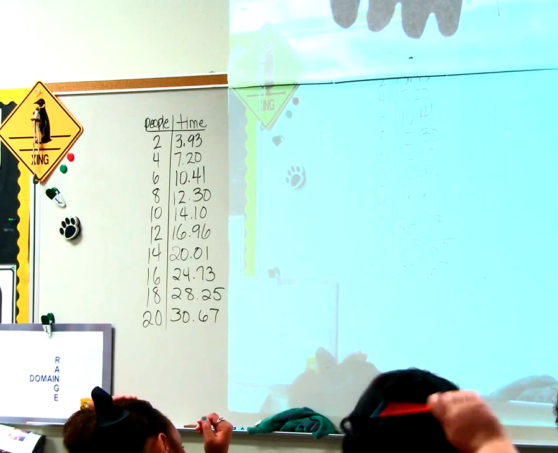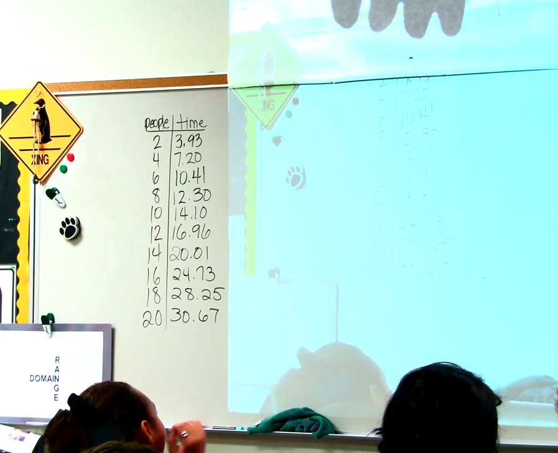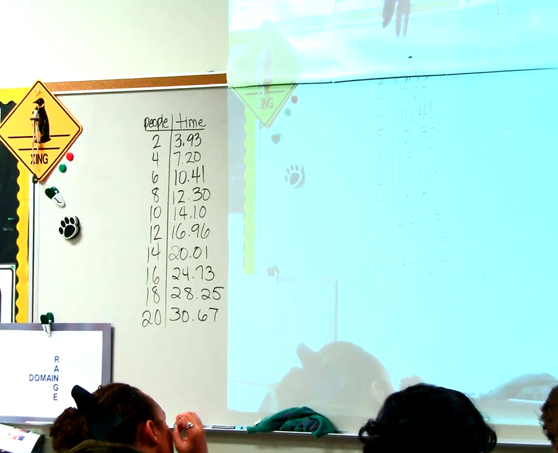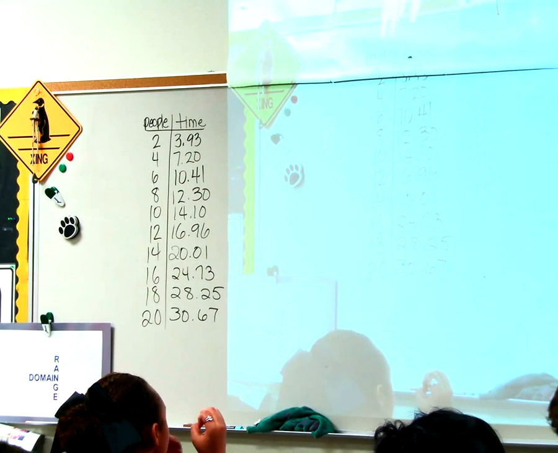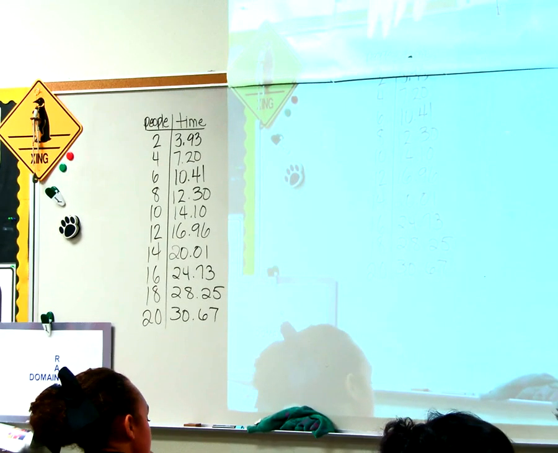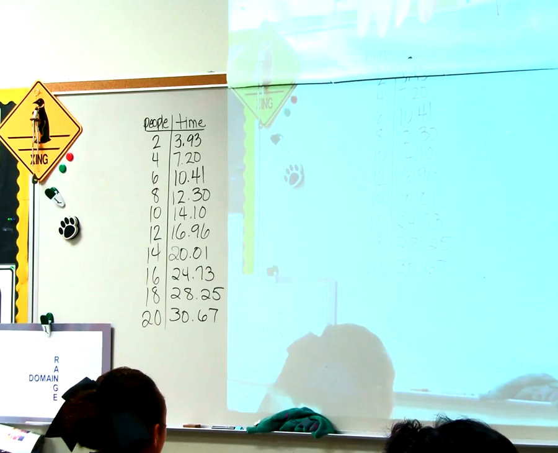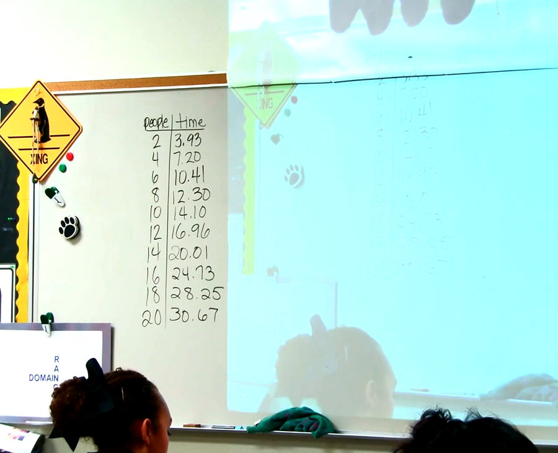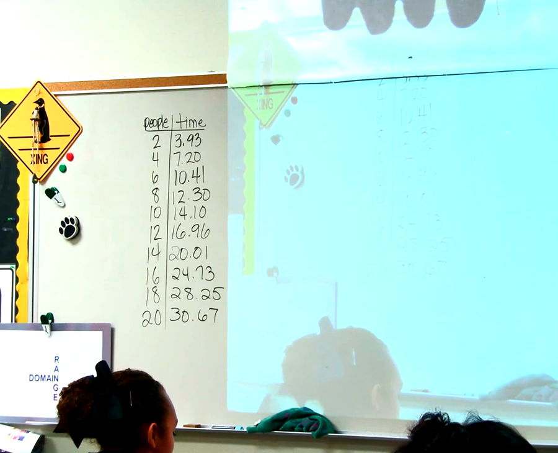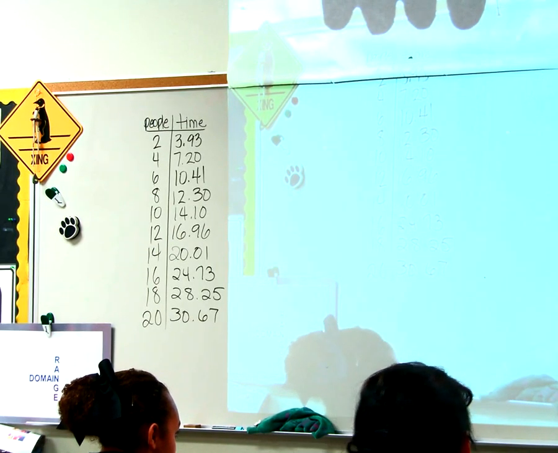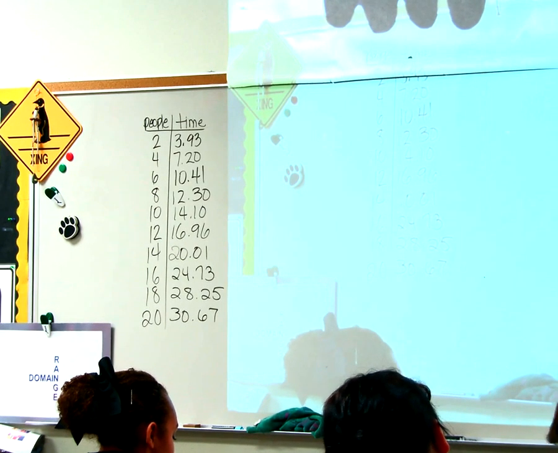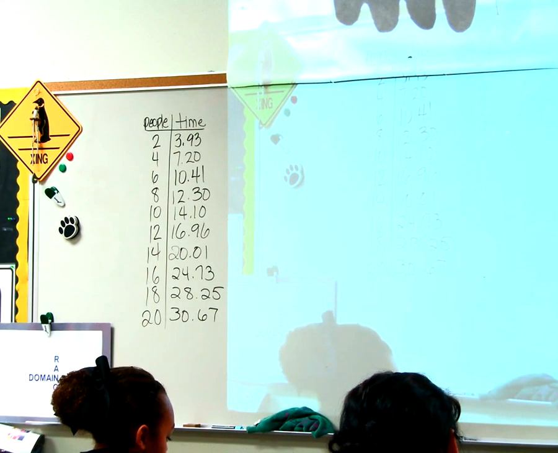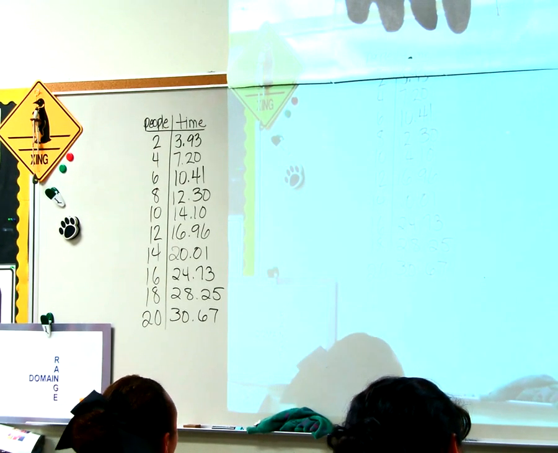What I need you to do right now is fill in the chart on the front of the paper called the wave with the number of students and the time. I know you're going to have to scratch out some numbers. Get over it. Start with 2. Get it copied down on your paper.